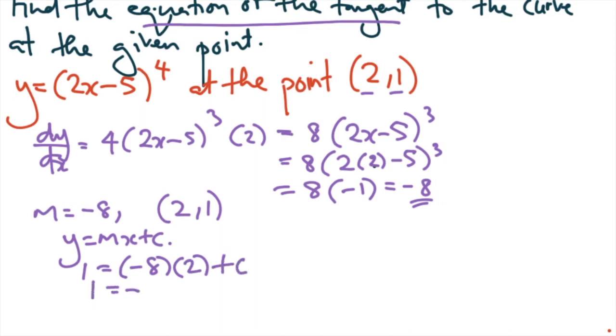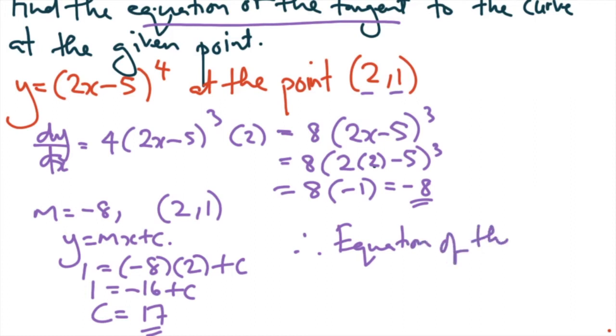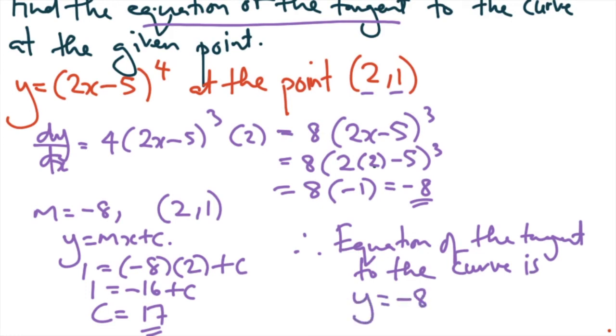So 1 equals -16 plus c, so the y-intercept is +17. So the equation of the tangent to the curve is y equals -8x plus 17.